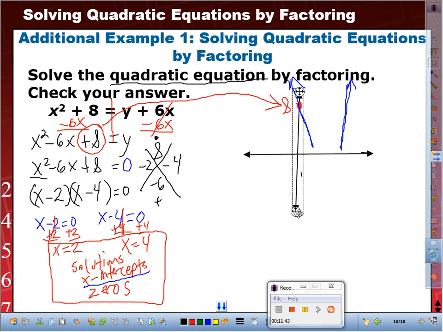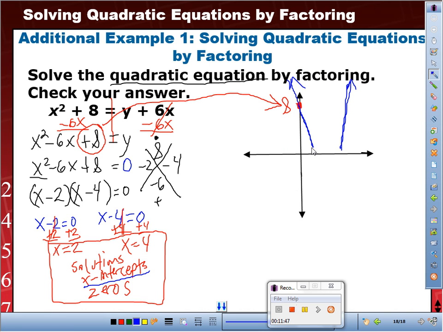I'm fixing it. All right, there it is. What I don't want to see is this. 2, 4, and then you do this. Is that a parabola? No. The parabolas have to curve. Okay? All right, so now that we have that, let's check.